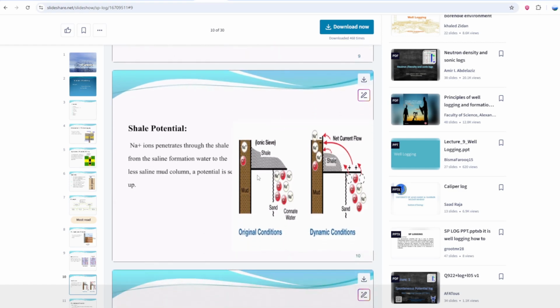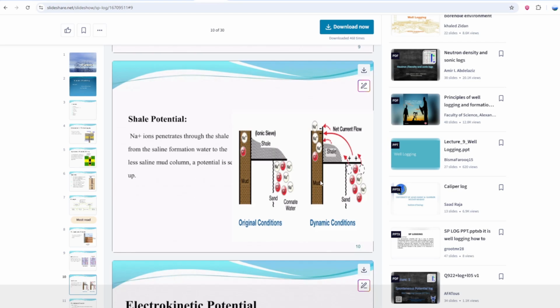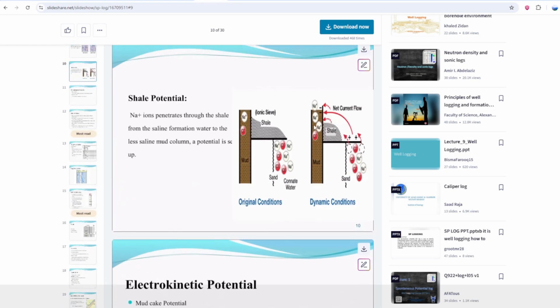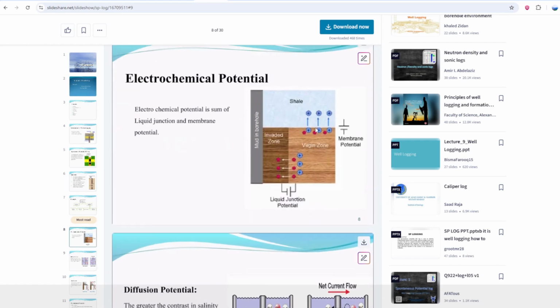So here we have shale potential, original conditions. We have the connate water in sandstone, in the sand. We have our shale here, the mud, and you have dynamic conditions. You have ions moving from the shale to the sand, and from the shale interacting with the mud. That's electrochemical.